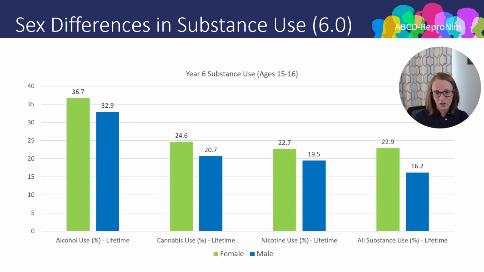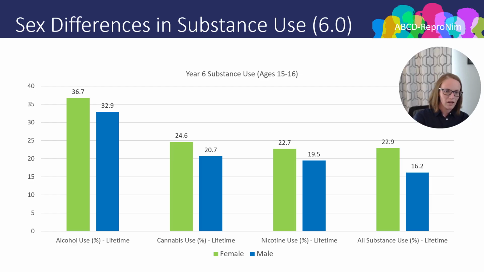We also know, if you're interested in sex differences, which can be incredibly important in all areas of research, that in substance use it is just as important. We do see some subtle but present differences in substance use reporting based on sex assigned at birth between females and males.